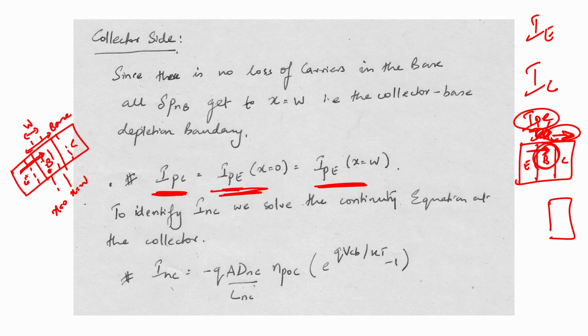What we are saying is that we had assumed that the base did not recombine any of these holes, therefore, the hole current here is equal to the hole current here is equal to the hole current here. So, IPC is nothing but IPE at x equal to 0, which is equal to IPE at x equal to W. If there was recombination, then this is not equal to this, and you cannot make this argument, because these holes would not have entered the base collector junction.